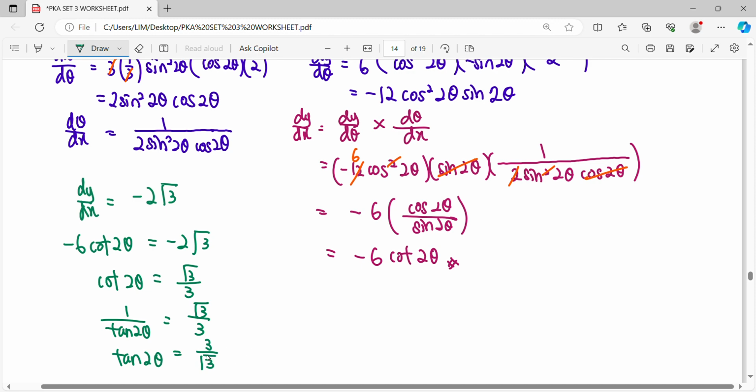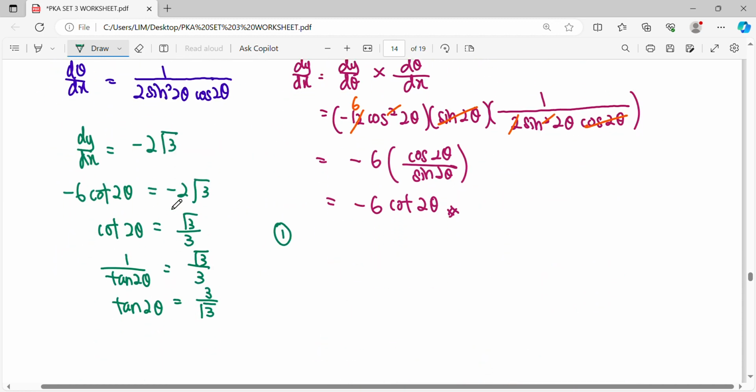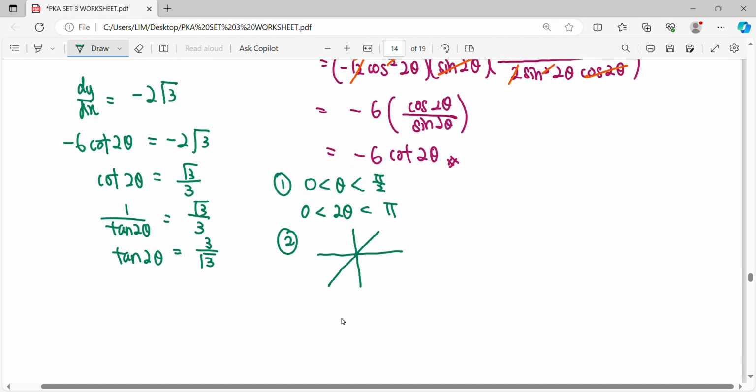So we start with the first step. What's your range? The range of theta falls on 0 until pi over 2, but our angle here is 2 theta, so it will fall on 0 until pi only. Your rotation only starts from 0 until pi. Then second step, what's your quadrant? When you have tangent positive, what's your quadrant? Use ASTC: quadrant 1 and quadrant 3. What's your basic angle?